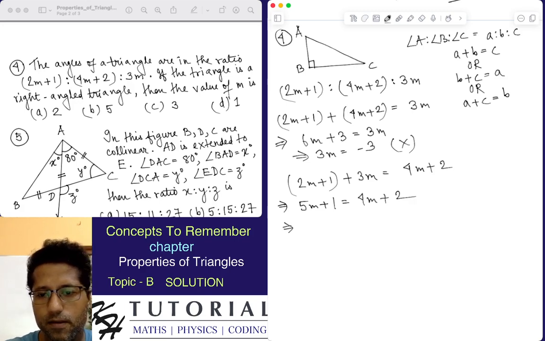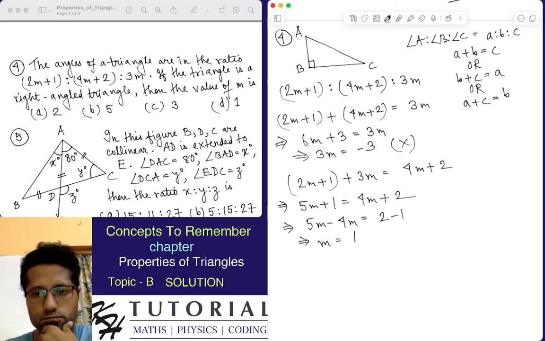If I bring the m term to the left hand side, I get 5m minus 4m equals 2 minus 1. This implies m equals 1. So m equals 1 is a choice given, so definitely it will be the choice, because in these MCQ questions only one choice is correct. So the answer is choice D.